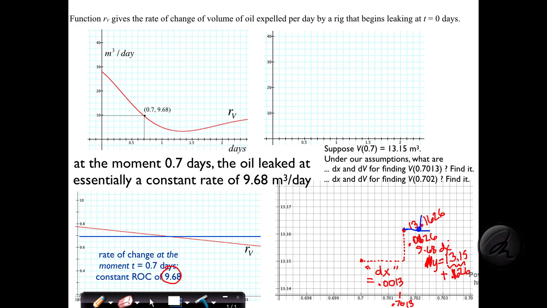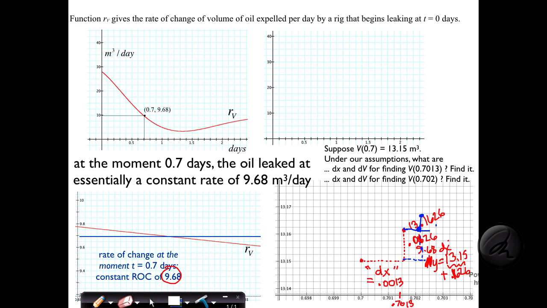And then the vertical change, 9.68 times as much. So 9.68 times 0.0007, or 9.68 times the original amount if you use this kind of like larger triangle. As I said, a couple ways you could do this. But there's two different things we can find here.